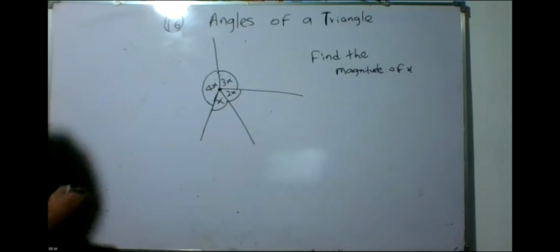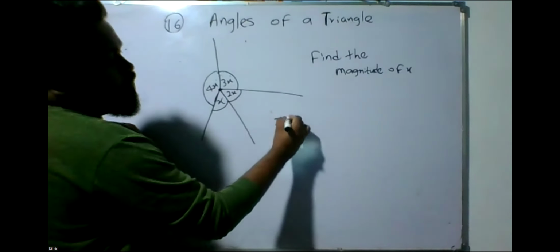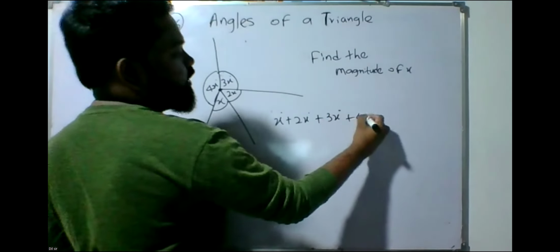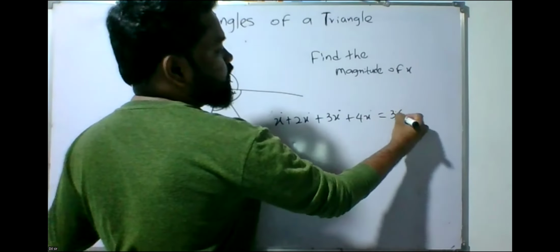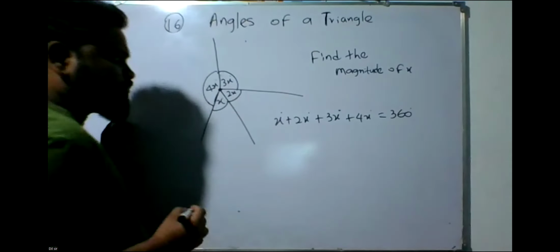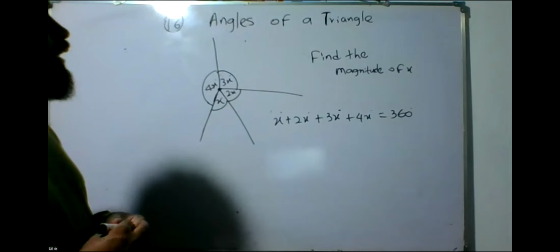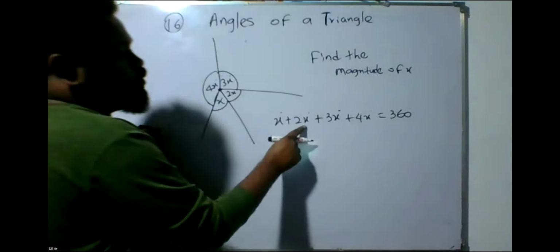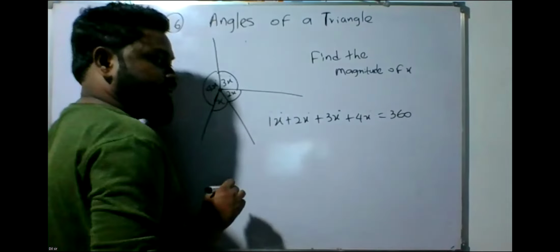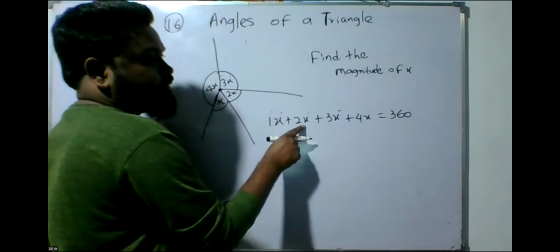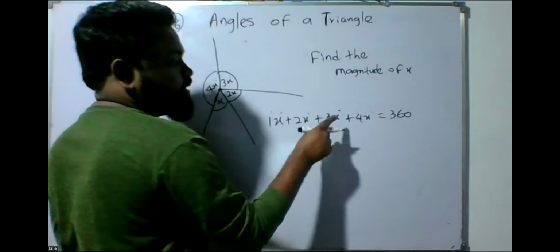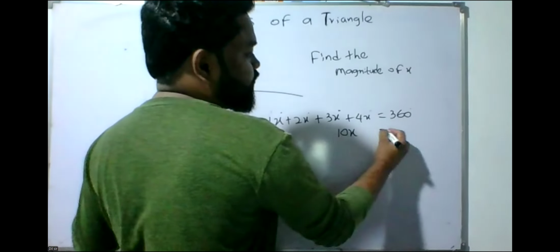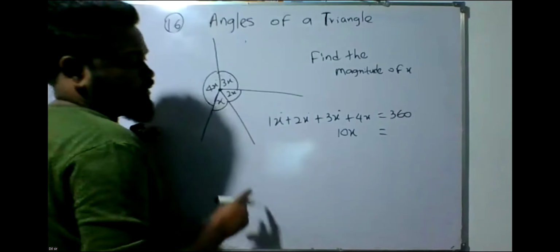Right. x plus 2x plus 3x plus 4x equals 360 degrees, because the sum of the angles around a point is 360 degrees, no? x means 1x, my dear. 1x plus 2x is 3x. 3x plus 3x is 6x. 6x plus 4x is 10x.